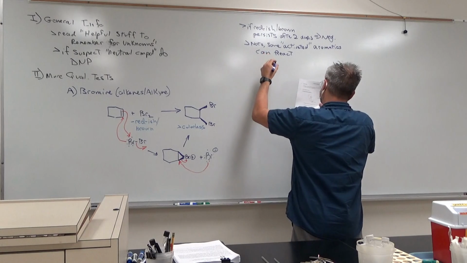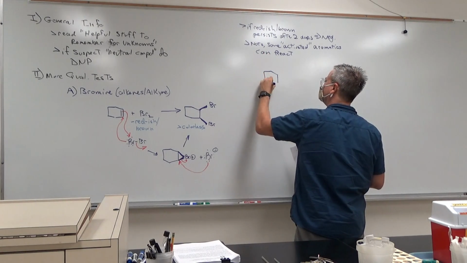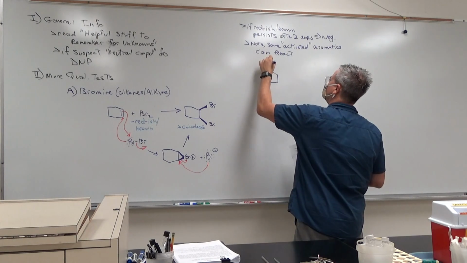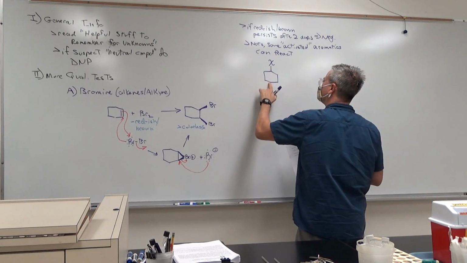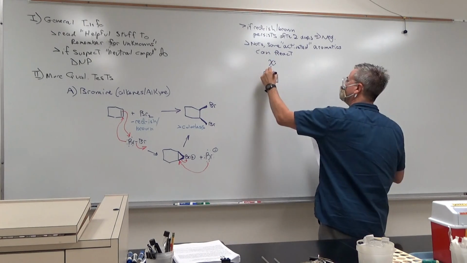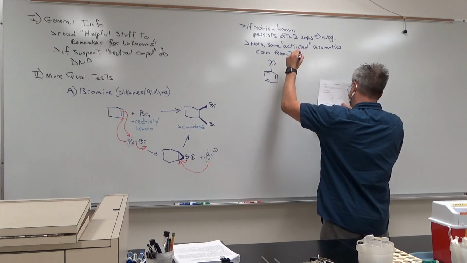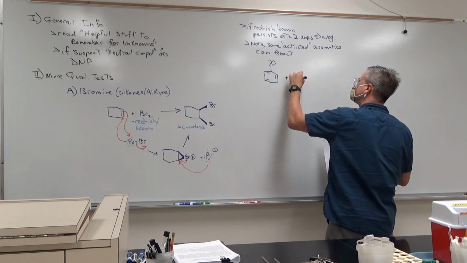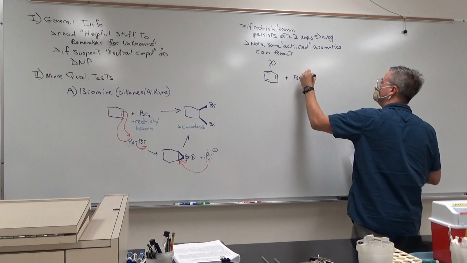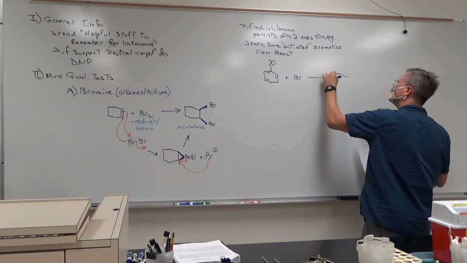All right, so what would that look like? I'm going to put a generic group on here. I'll put a pi bond on there. Let's give it a lone pair just for the heck of it. Let's make it aromatic. Bromine. Different reaction, not an addition reaction, it's a substitution reaction.